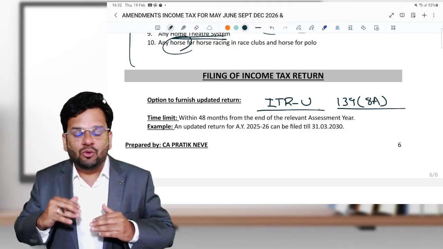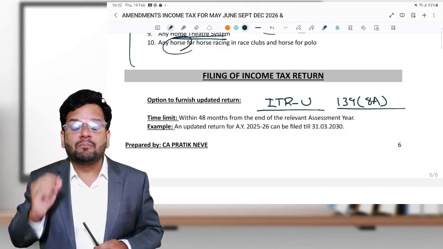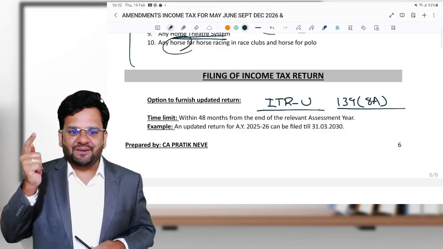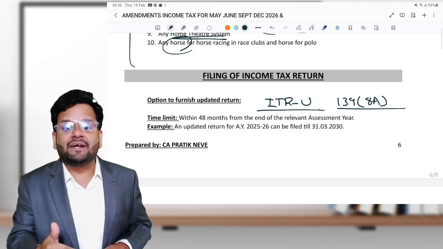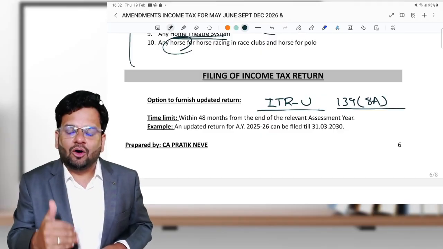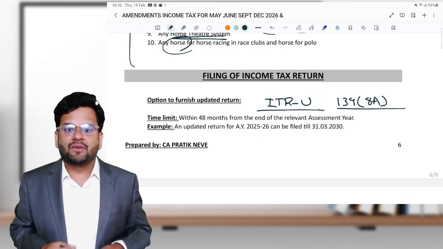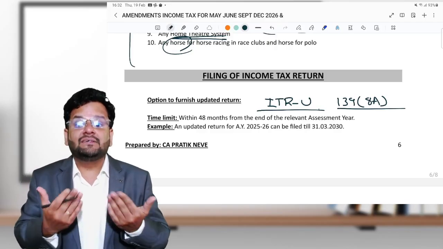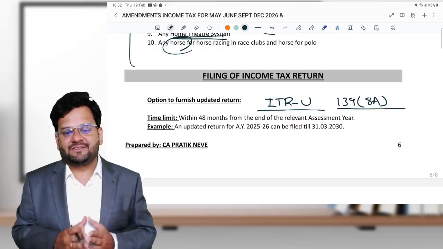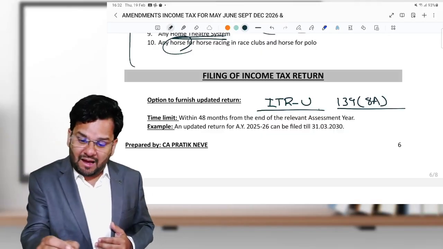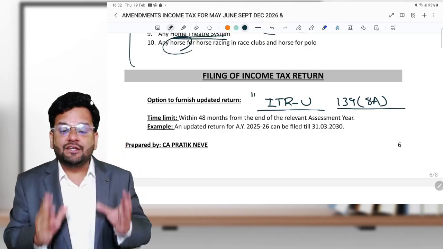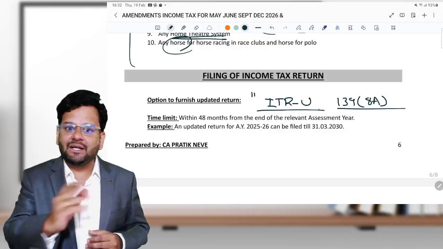So now you want to increase the liability by 5 lakh rupees, but the date is over for filing belated return and revised return also, but you want to voluntarily disclose more tax. So can you do that? Yes, you can do that by filing something called income tax return updated.